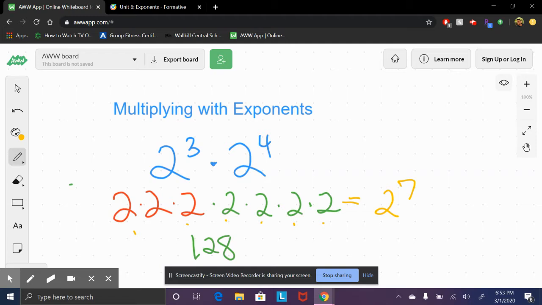So one way you can look at a shortcut, if you look at the exponents here, 3 and 4, how do you get 3 and 4 to be 7? Well, you add them. You keep the base and you add the exponents. So that's how you multiply terms with exponents. You keep the base, it stays at 2. You don't multiply these together. You keep the base, add the exponents.